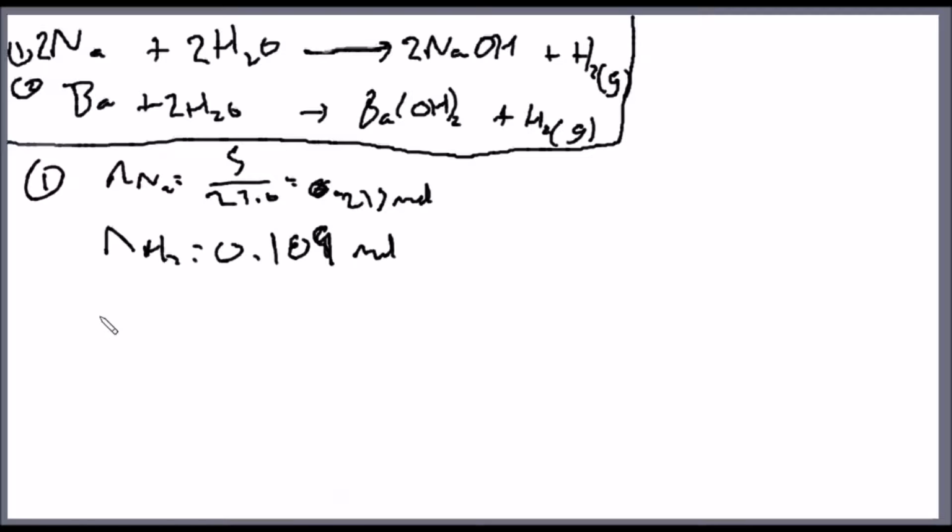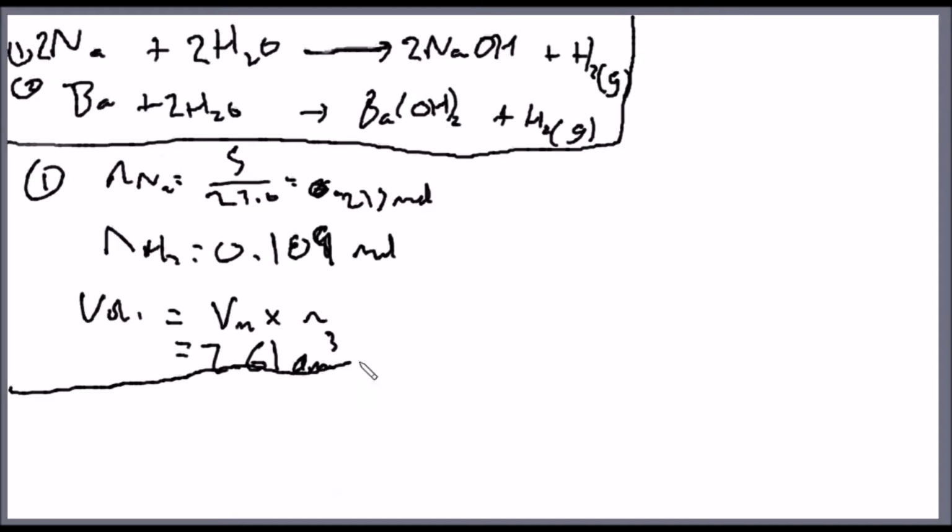And we can work out the volume of gas emitted by saying the molar gas constant times the n, or the number of moles. So 2.61 decimeters cubed of gas would be released in the first reaction if 5 grams was put into water.